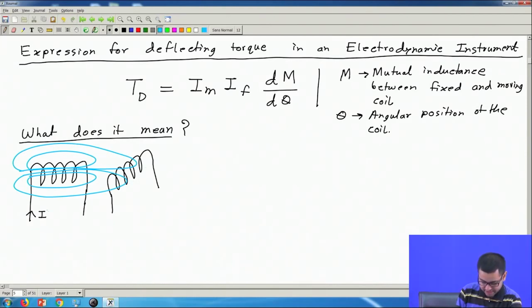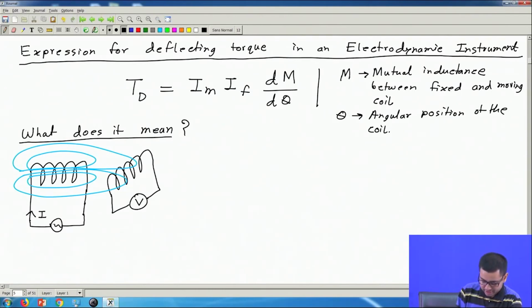Therefore, if this current I is changing, say an AC current, then this flux will also be changing, and this flux is linked with the second coil. And so, if I connect a voltmeter here, I will get some reading.